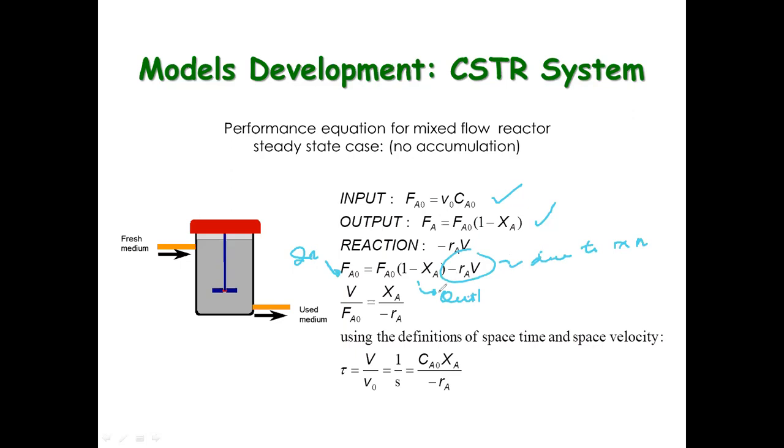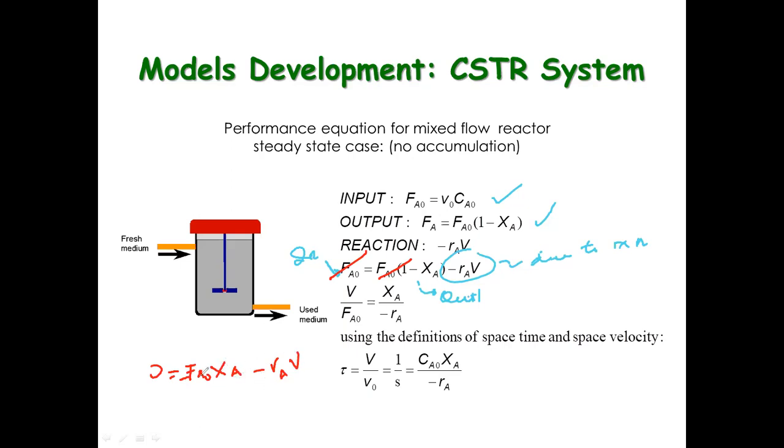Now, we can rearrange terms here. Before that, however, we need to cancel this one. If this is expanded, the FAO here and the FAO here will cancel, leaving you with 0 is equal to FAO XA, which is negative here, minus rate times V. Actually, it's not minus, but since this is written as negative, it's written as negative there.